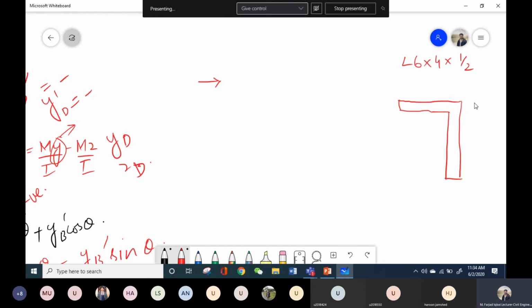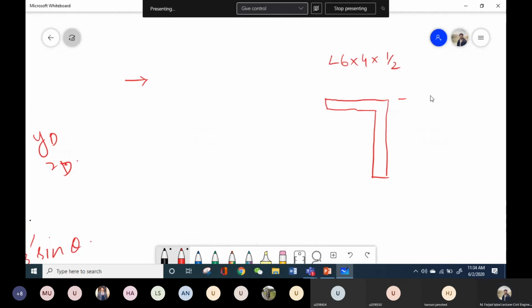L6 means the length of the longer side. So if my longer side is this one, this whole length is 6 inches, and this distance will be 4 inches. And this 1/2 means the thickness of these two legs.